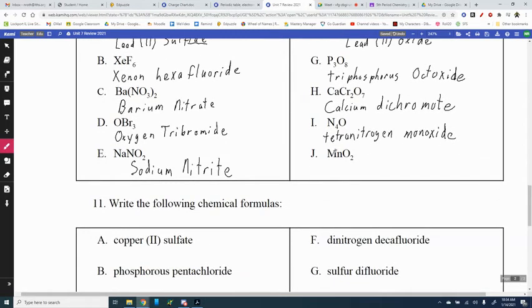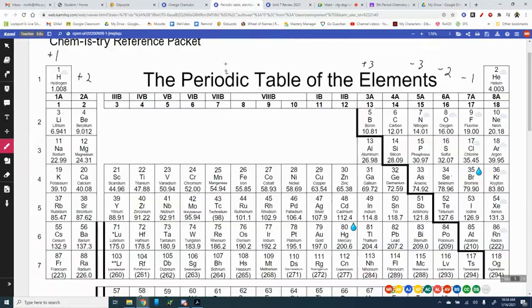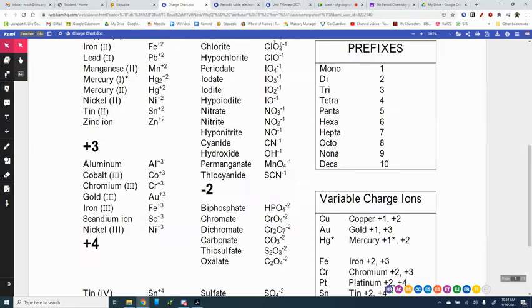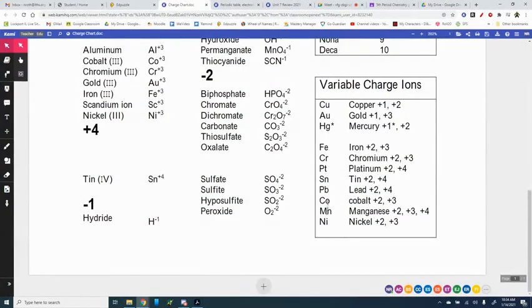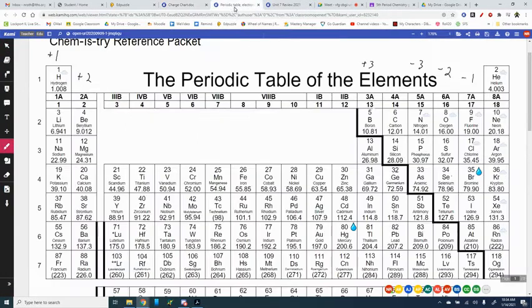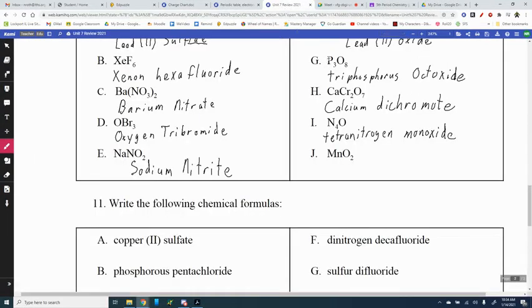All right, last one. We have MnO2. So Mn is right there. O is right there. Mn is a metal, which means this is an ionic compound. We look at our charge chart. Mn is in the variable charge chart, so we do need Roman numerals here. Oxygen has a charge of -2. So there are 2 oxygens, which means we have a total negative charge of -4.